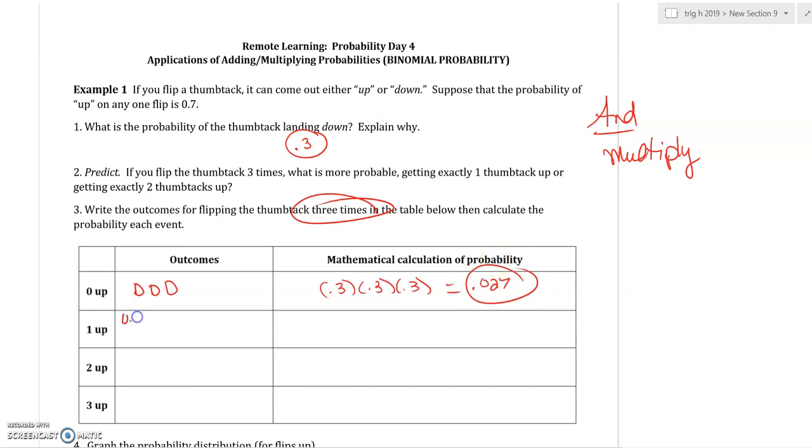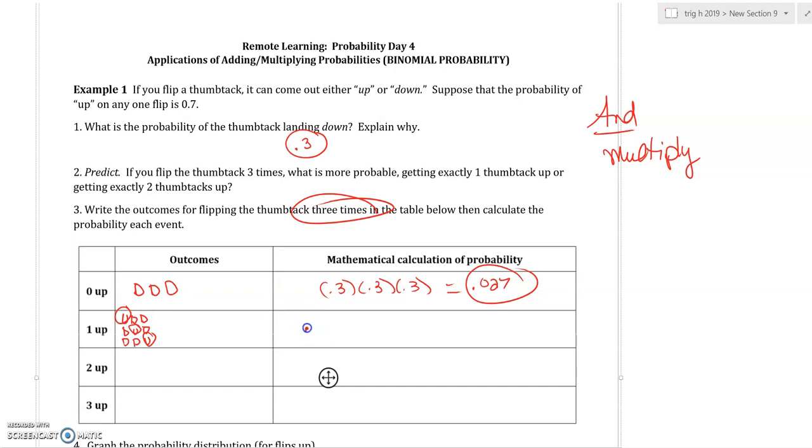Okay, now what if I had 1 up? Well, that could be up, down, down, or down, up, down, or down, down, up. So do you see how there are actually 3 ways of having exactly 1 up? The first one could be up, the second one could be up, or the third one. So if I said to you, what's the probability of having exactly 1 up? Again, there are 3 ways to do that.